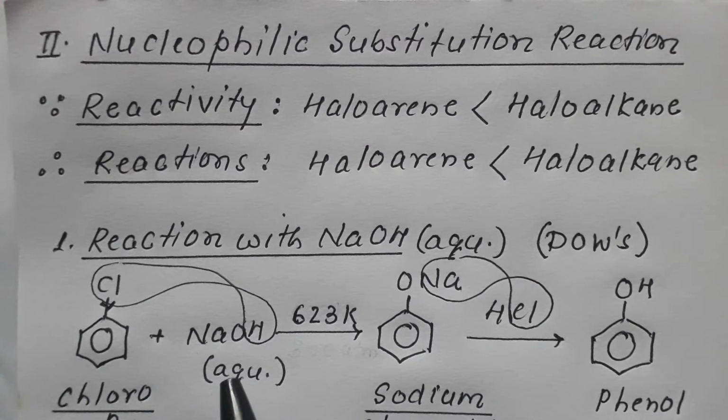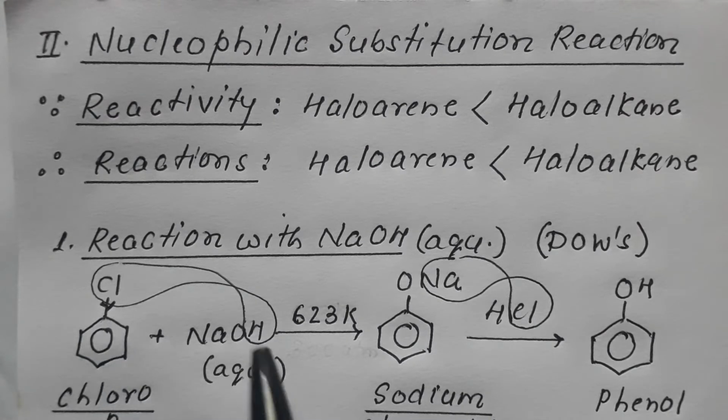Now we are aware that NaOH is a very reactive reagent, but since haloarene is very less reactive, this reaction takes place at 623 Kelvin temperature and very high pressure. So when chlorobenzene is made to react with NaOH at 623 Kelvin, how does this reaction proceed?